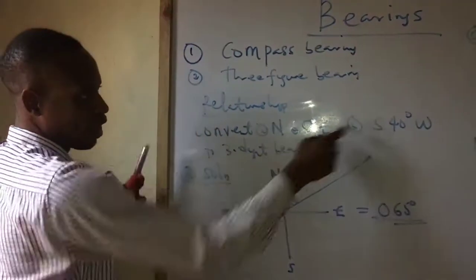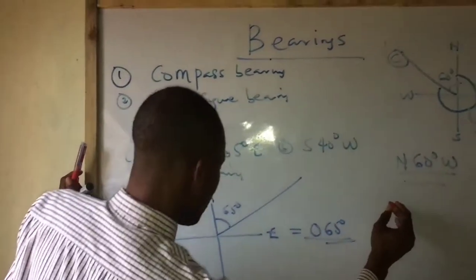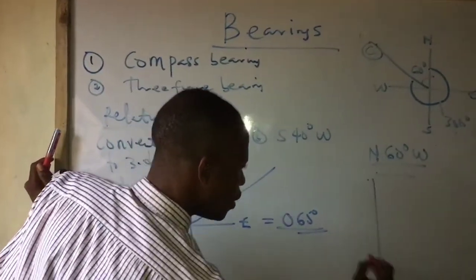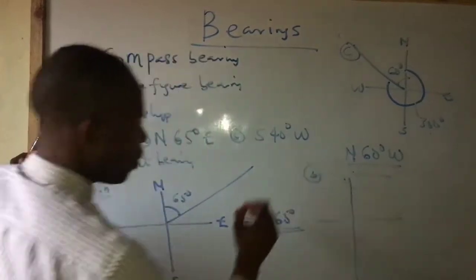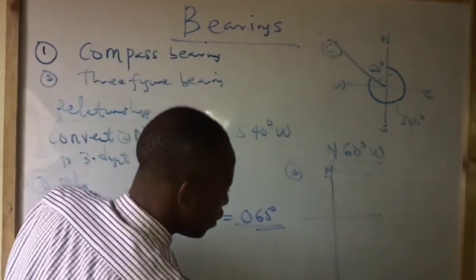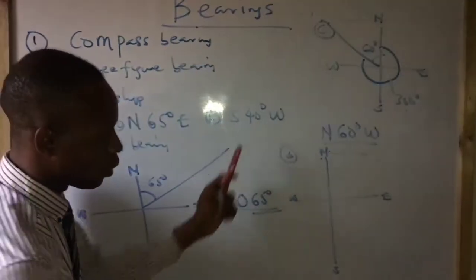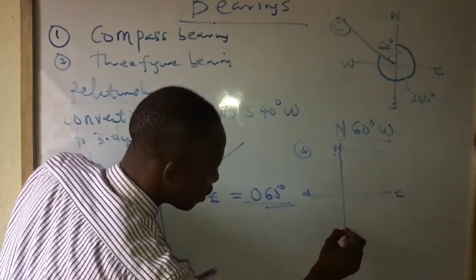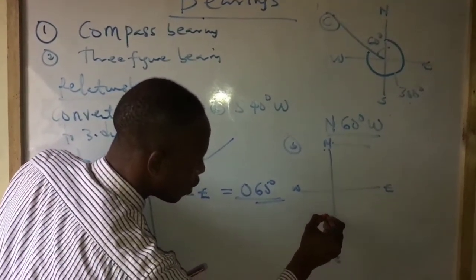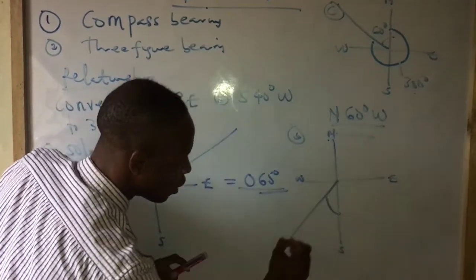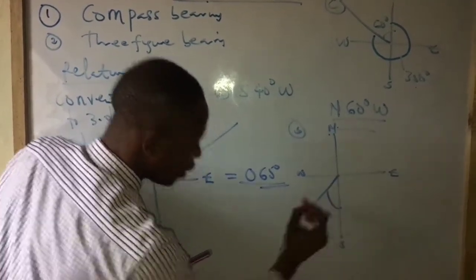Okay, the second part, the second one says south 40 degrees west. North, south, west, and east. South, this is south to west. Look at it. Moving like this. 40 degrees.